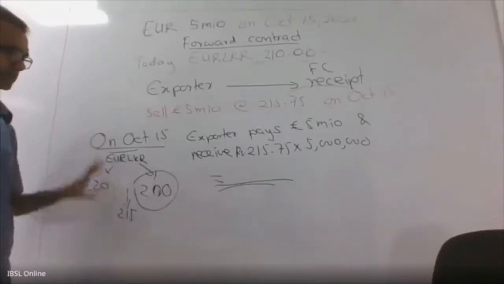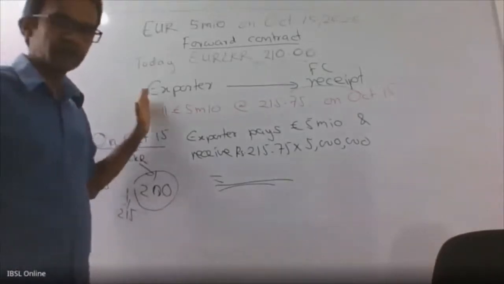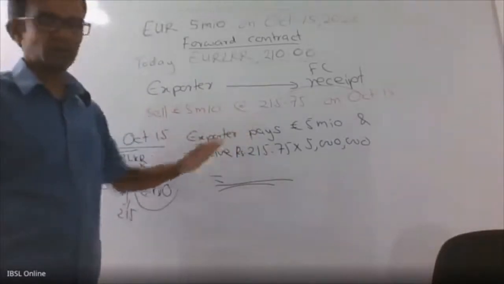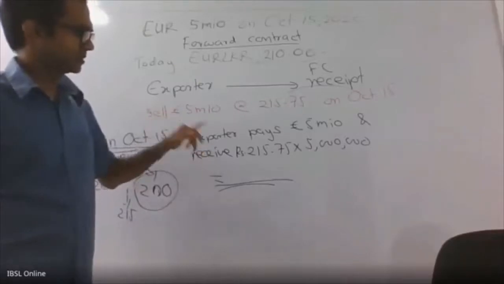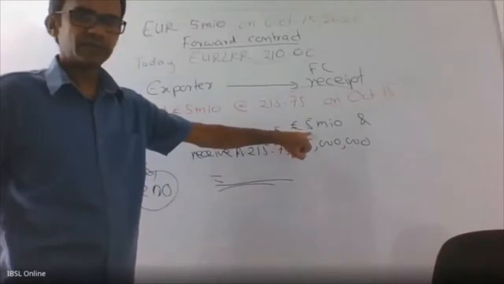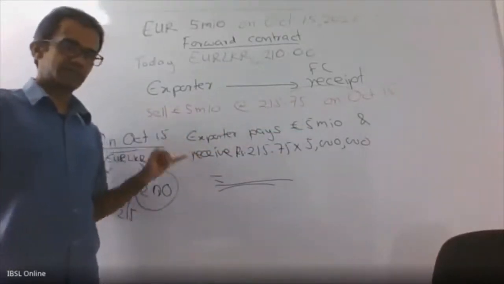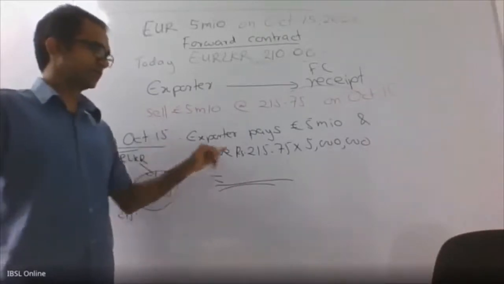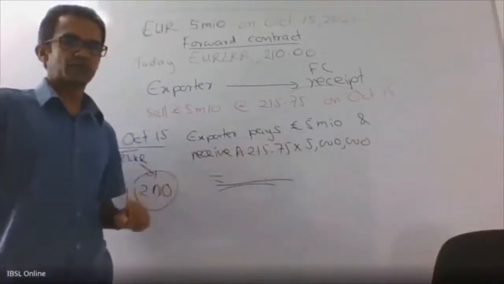No, nobody can say like that. This is the agreement entered into. So both parties have to meet their obligation. As the exporter, his obligation is to deliver 5 million euros. As the buyer, the bank is obliged to pay the equivalent amount in rupees.